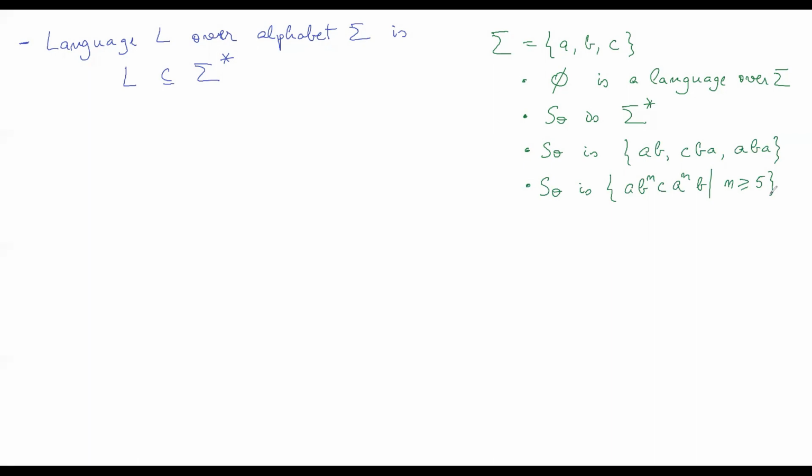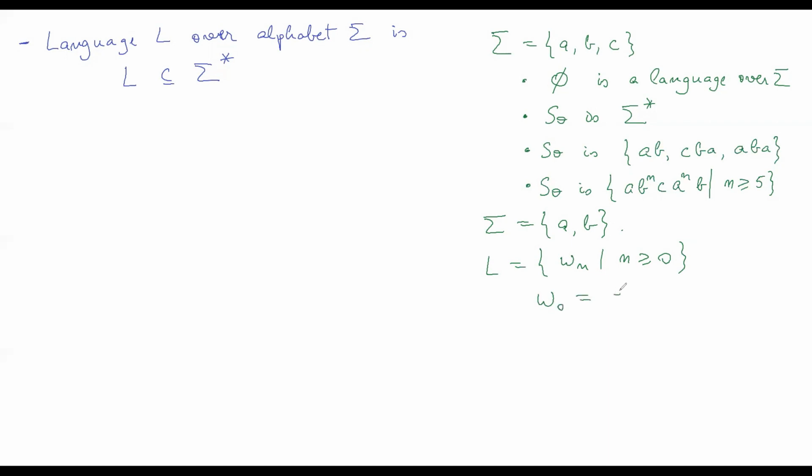Obviously, in this example, I'm also suggesting that languages could be defined inductively. So I just indicate some sort of structural rule for how the words in this language can be formed. So here is another example. If I had alphabet sigma to be A, B, I could also define the language L to be the set of words Wn, n greater than or equal to 0, where, for example, I define these words inductively in the following way.